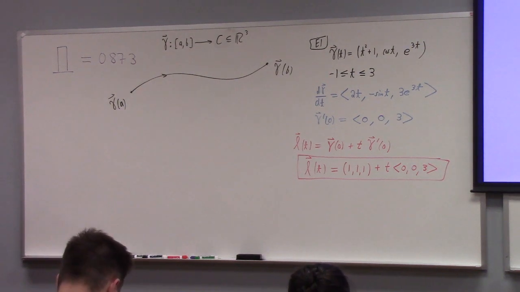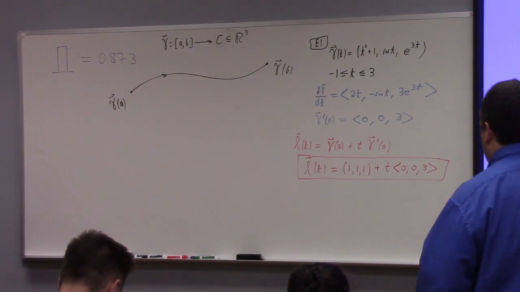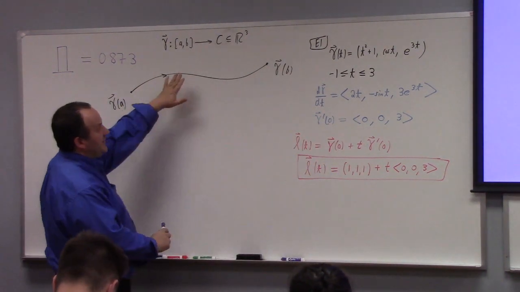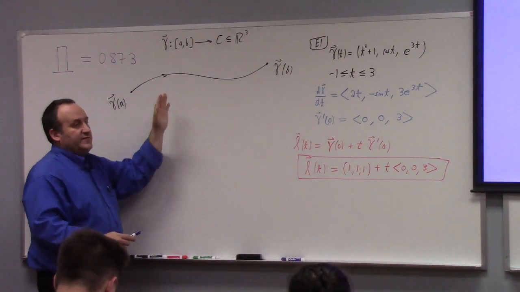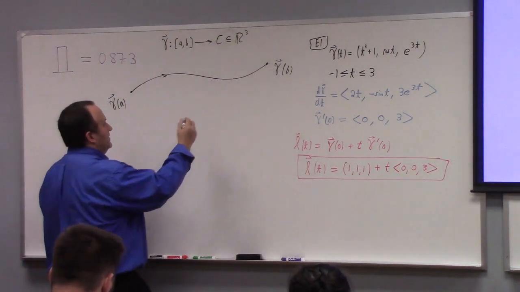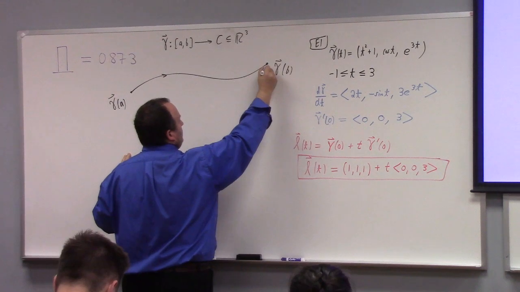All right, so here's a question. This is an oriented curve, and this is describing C. What if you want to describe this curve going in the other direction? So instead, I want to go like this.